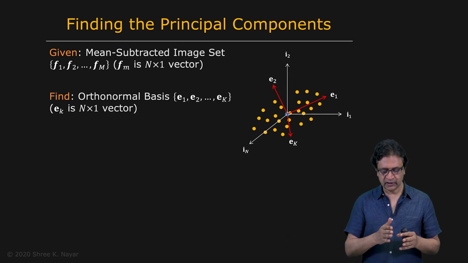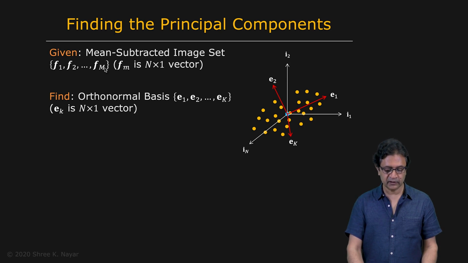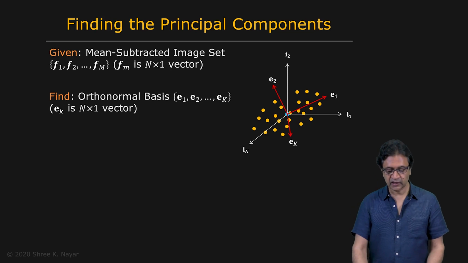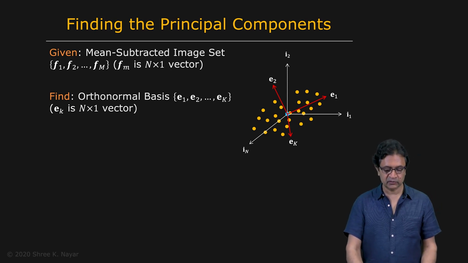We're given an image set, and we will make sure that it is a mean subtracted image set, F1 through Fm. Given this, we want to find the orthonormal bases, E1 through Ek, where E1 through Ek are the principal components that we are trying to estimate, such that we can always reconstruct one of these images.